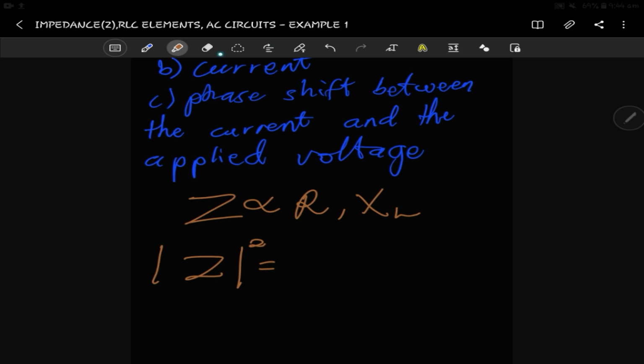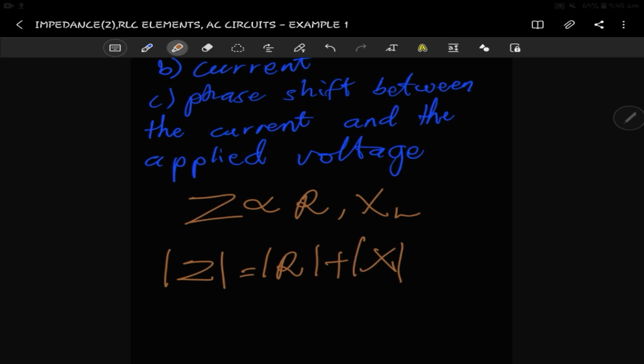Let's make it this way. Z is equal to R, and then we have this, but this inductive reactance is a part of this.